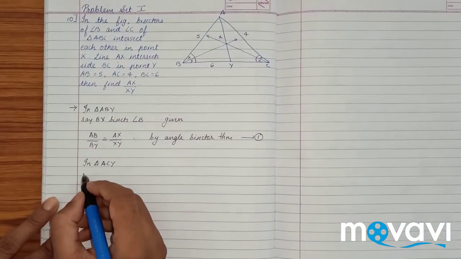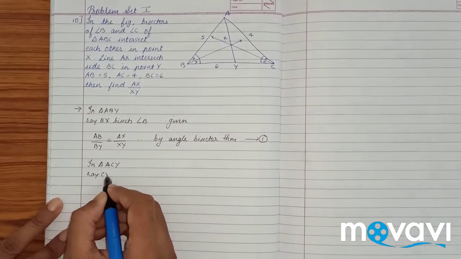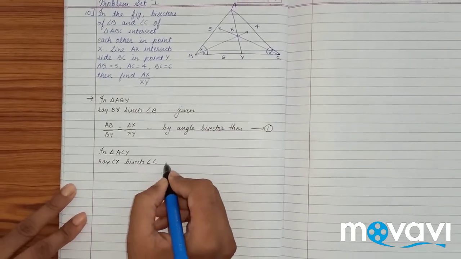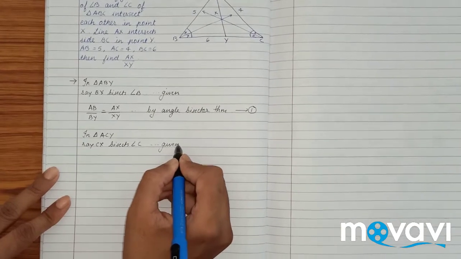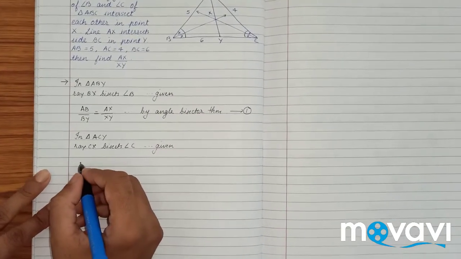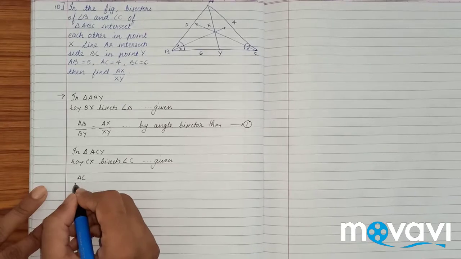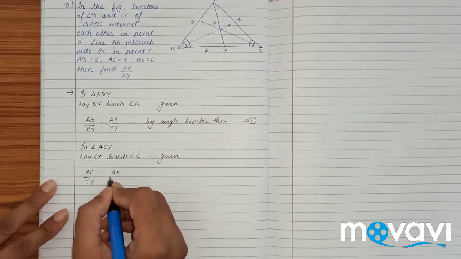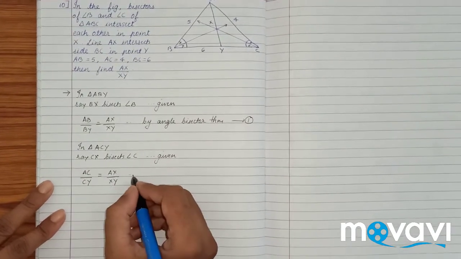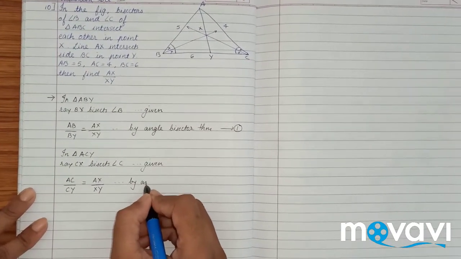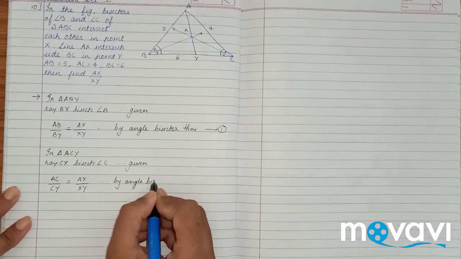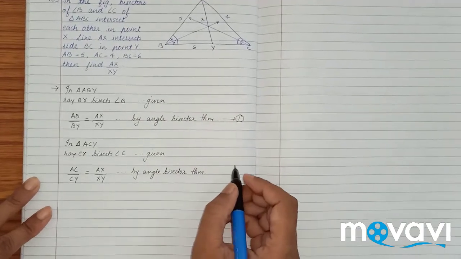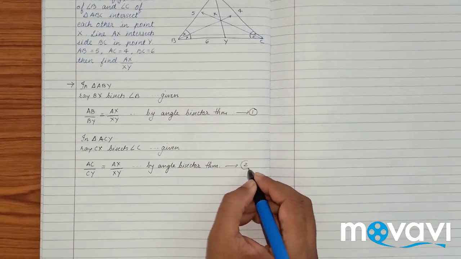Again, ray CX bisects angle C. This is given to us. So again, let us write down the ratio. AC upon CY is equal to AX upon XY by angle bisector theorem. Let this be your step 2.